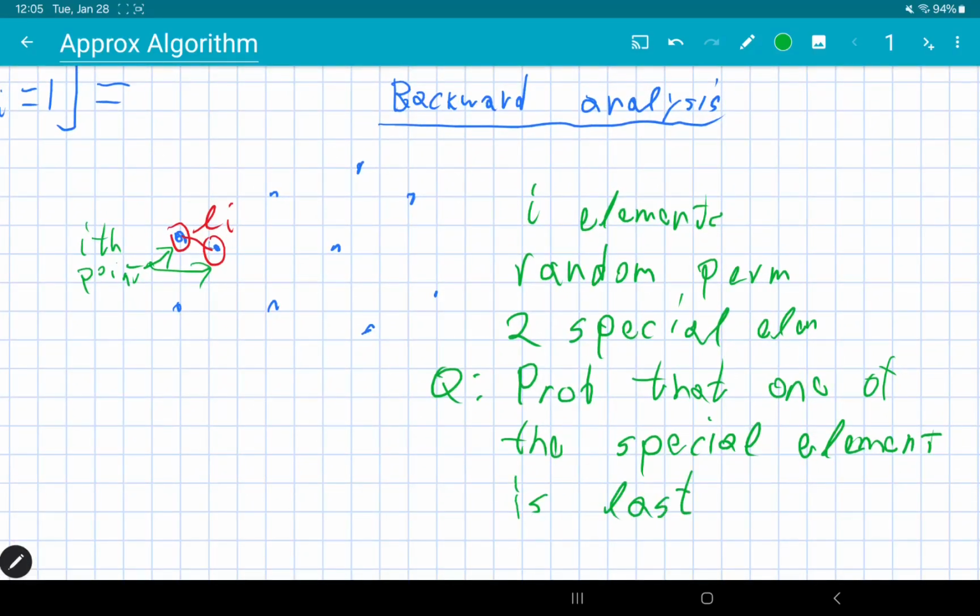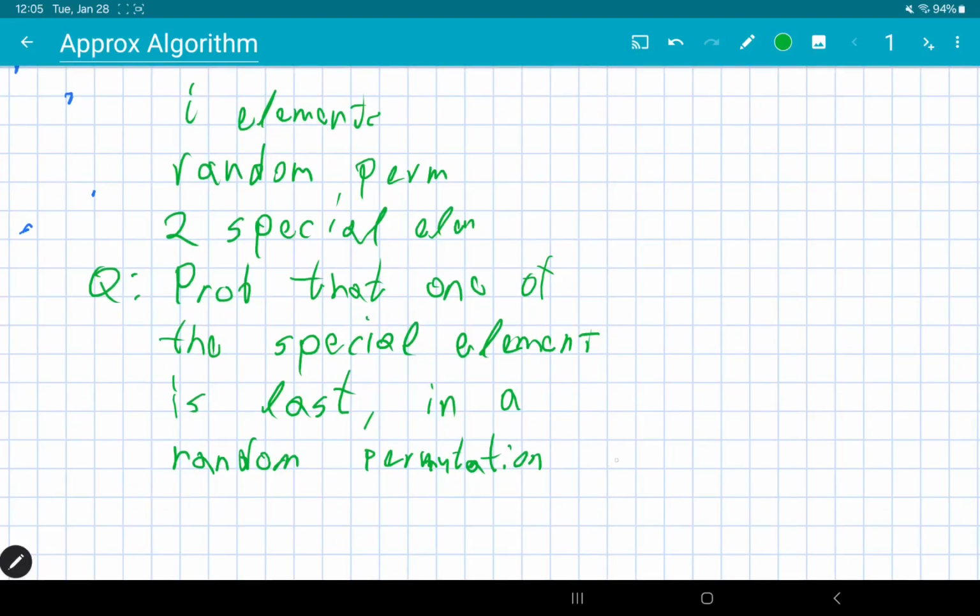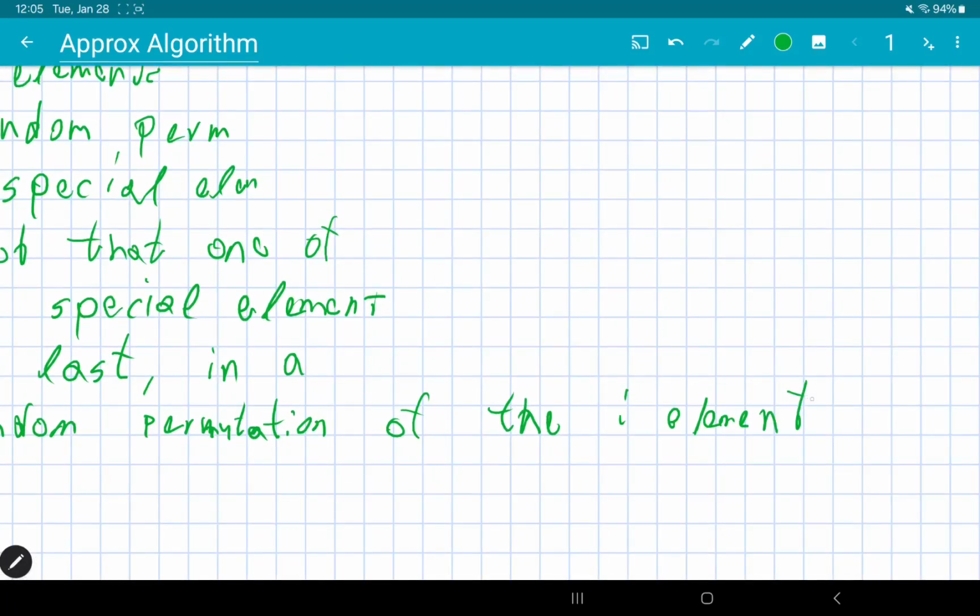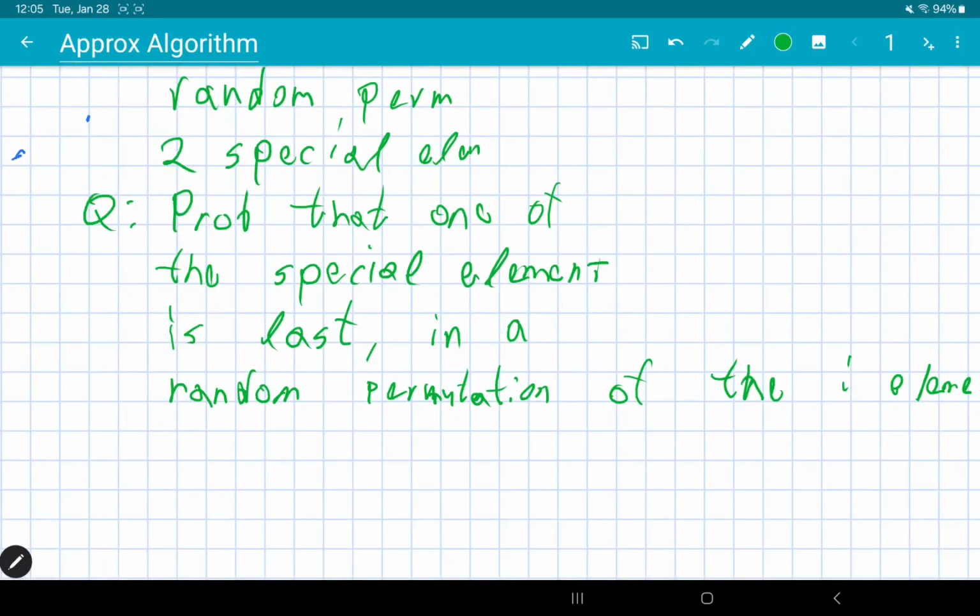Here last means in a random permutation of the I elements. Now of course every element has equal probability of being last, 1 over I.